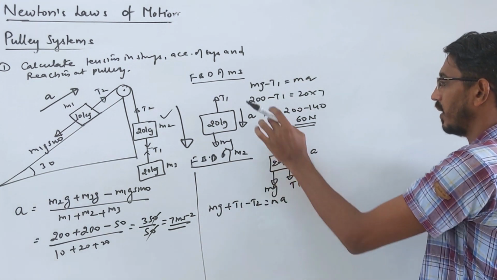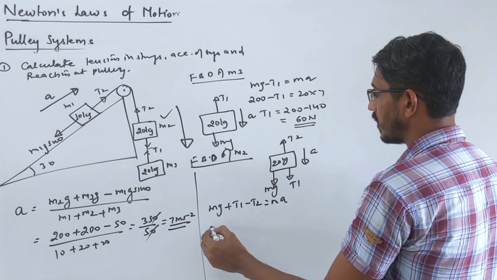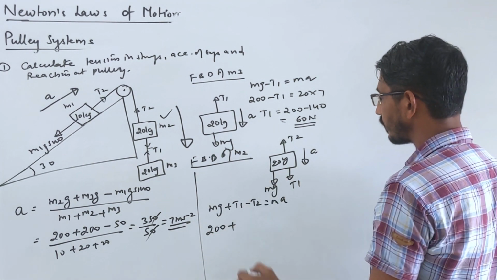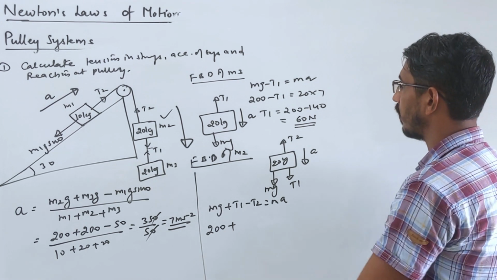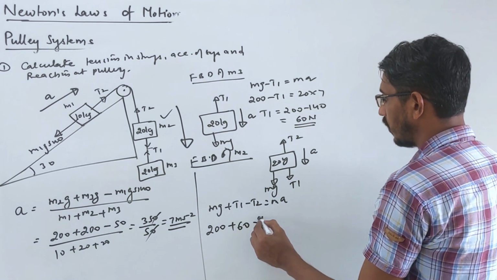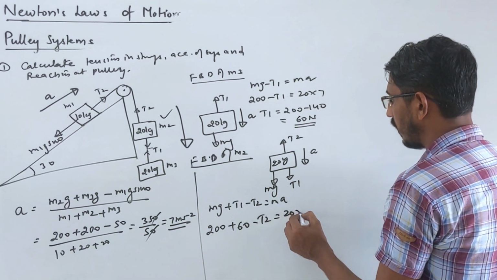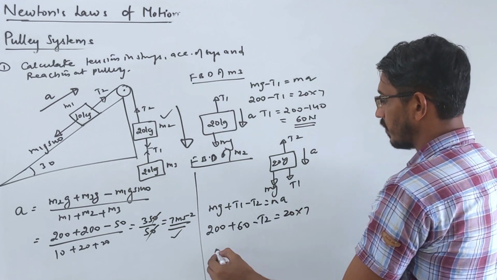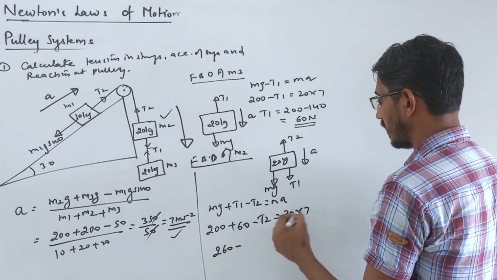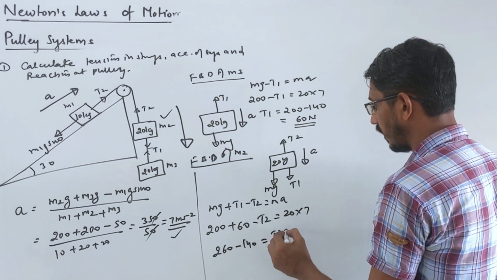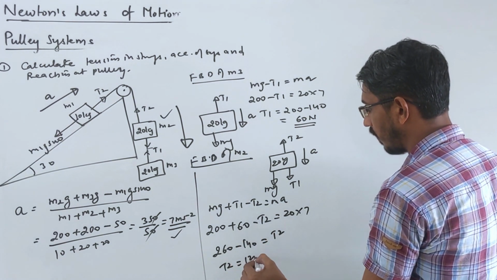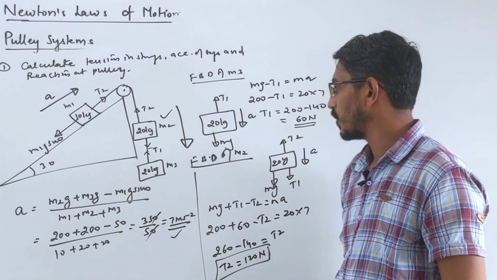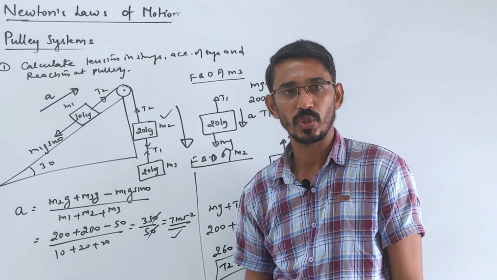These forces are downward, upward. Mg means again 200 Newton, 20 into 10. T1 we have already calculated, that's 60 Newton. T2 we have to calculate. Ma is 20 into the acceleration we found, 7. So this becomes 260 minus 140 equals T2, so T2 becomes simply 120 Newton, right? Yes, the same answer should come when you write the FBD of this block also.